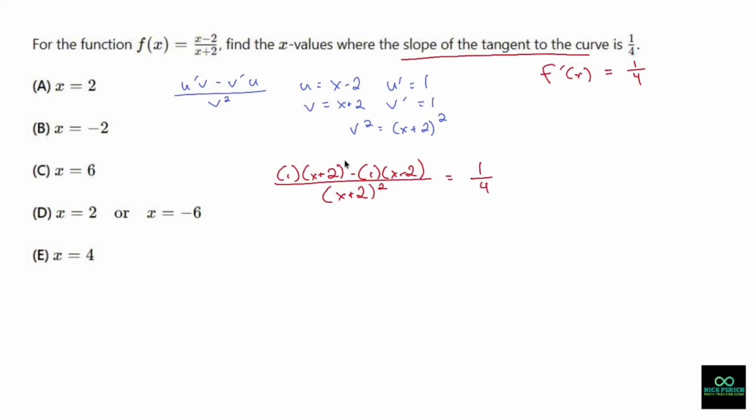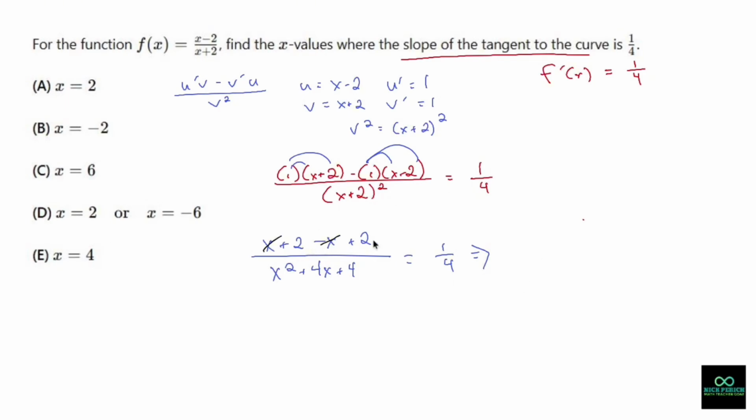The derivative equals 1/4 in this problem. That's what we're solving for. Multiplying 1 to everything is just going to be x plus 2, no loss of sleep over that. Negative 1 to everything is going to be minus x plus 2. And then multiplying all of this out is going to be x squared plus 4x plus 4 because perfect square trinomials. That's going to equal 1/4 again.